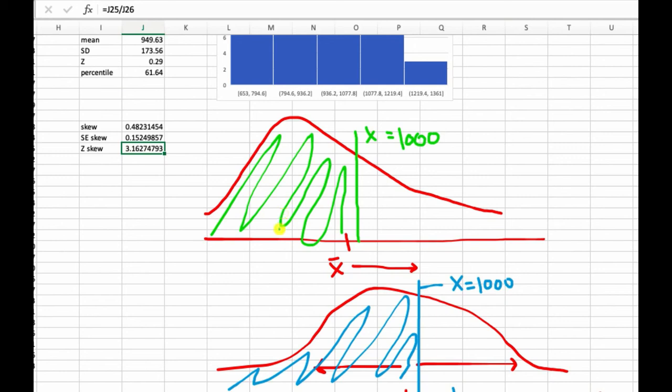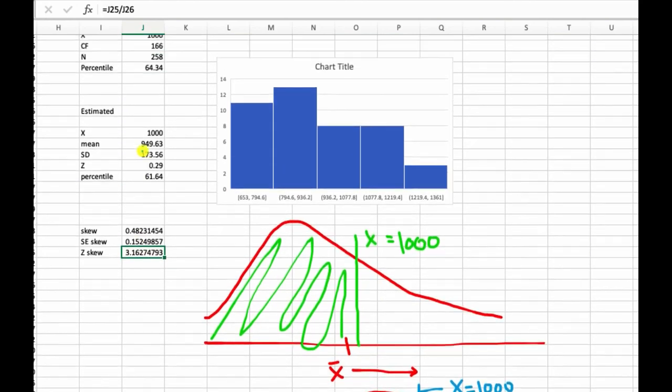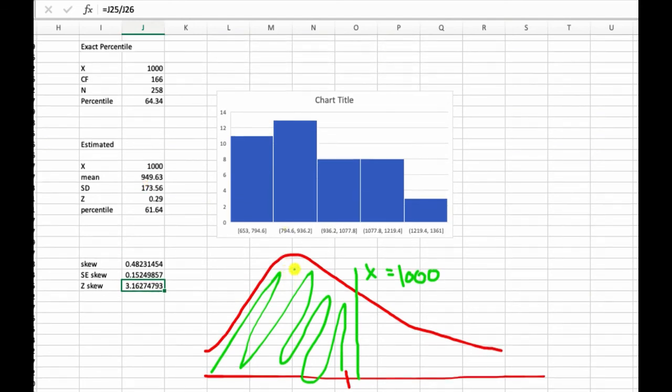So we don't have an equal 50% on one side and 50% on the other side anymore. There's a greater percentage on the left, which is why when we calculate an exact percentile based on the actual distribution shape, which is slightly positively skewed, we have a larger percentile that shows up, because there are actually more values that are clumped over in this area because the mean was dragged away from that central peak.